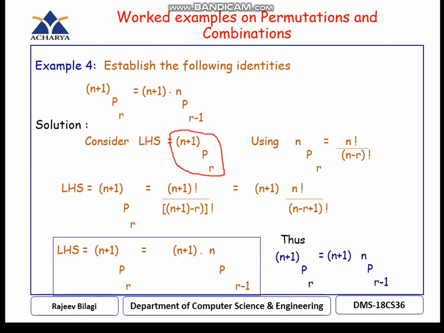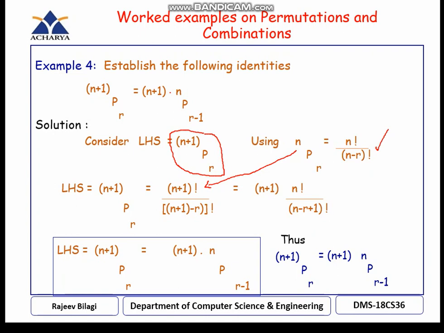So applying the rule nPr. What is nPr? nPr is equal to n factorial divided by (n - r) factorial. In the same way, if I apply here, I am going to get (n + 1)Pr, which is equal to (n + 1) factorial divided by (n + 1 - r) factorial.